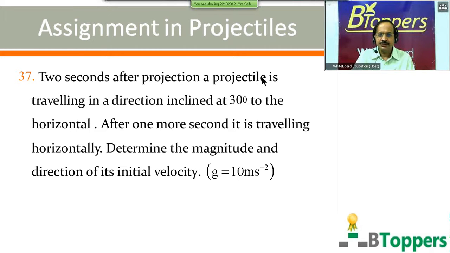Question number 37. 2 seconds after projection, a projectile is traveling in a direction inclined at 30 degrees to the horizontal. After 1 more second, it is traveling horizontally. Determine the magnitude and the direction of its initial velocity. g equal 10 meter per second square. Come on, try the question.